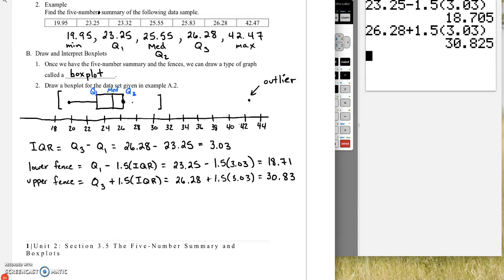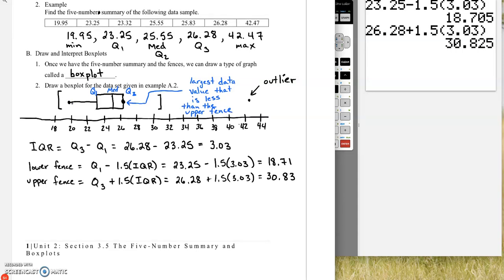So this right there is the largest data value that is less than the upper fence.